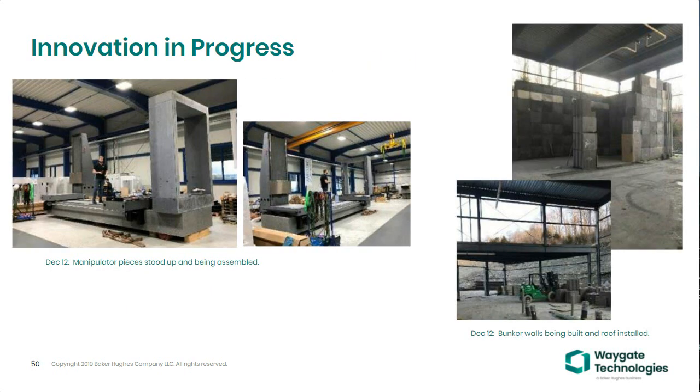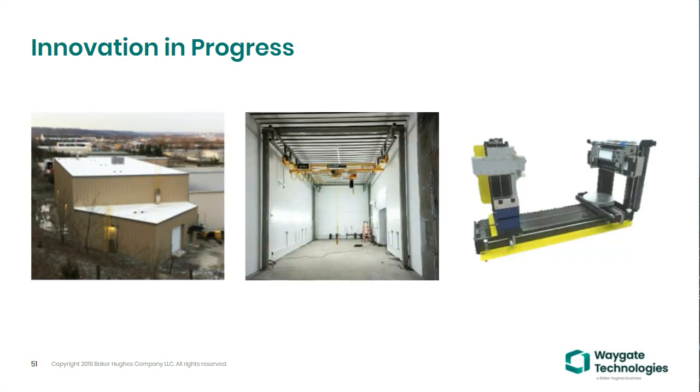You can start to get a sense of the scale of a human versus the size of this system, with somebody standing on it and the bunker starting to go in. Finally we ended up with a new building with 80 tons of granite manipulator inside 2.5 million pounds of concrete bunker.